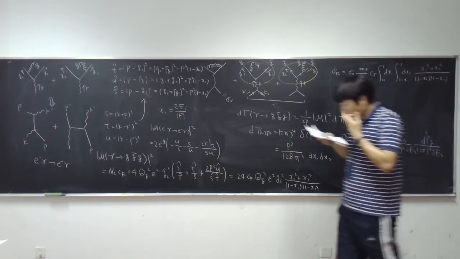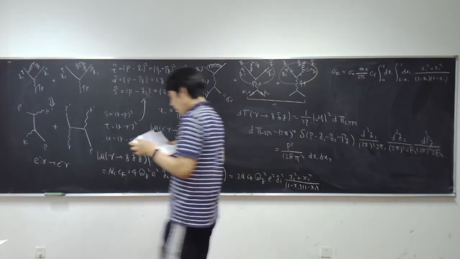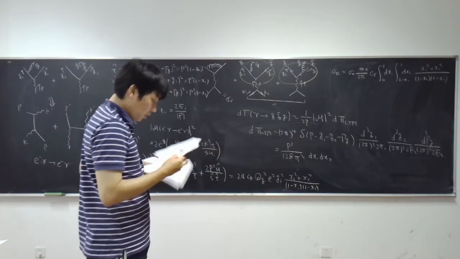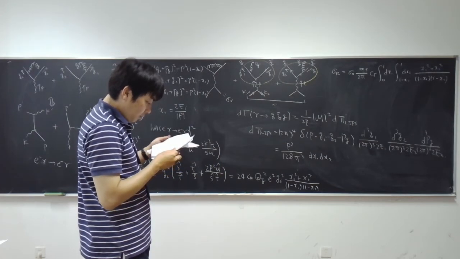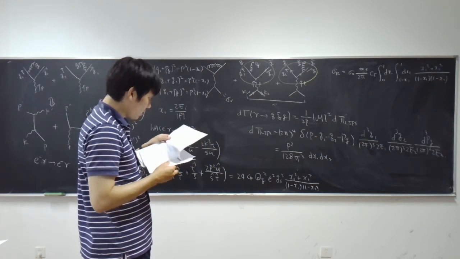So that's how you obtain this sigma r. And once you use dimensional regularization, this part becomes as follows.